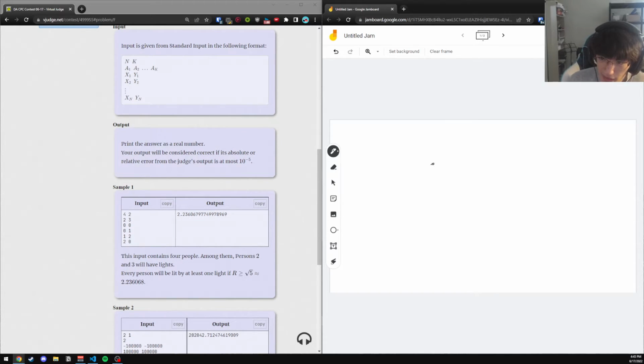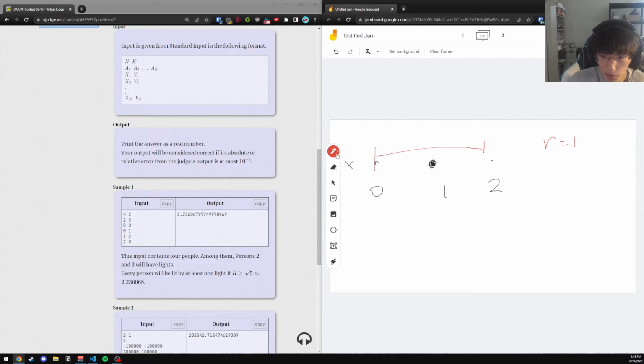So let's say you have just a straight line, and this is the x-axis, and we have 0, 1, or 2, something like that, and this person has a light. Then we want a radius of 1.